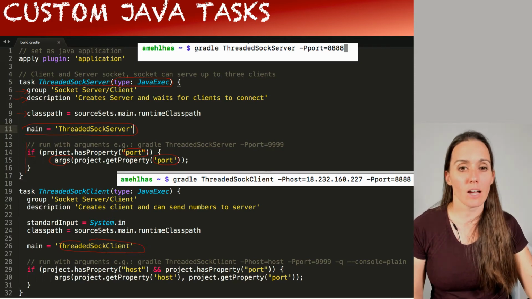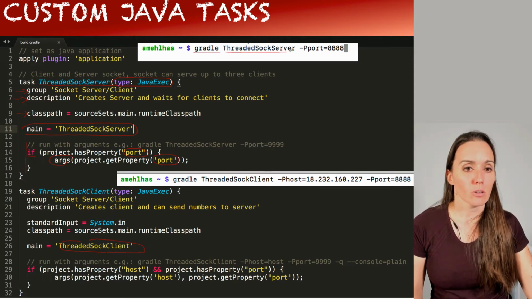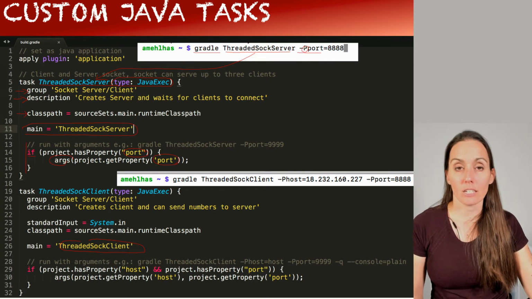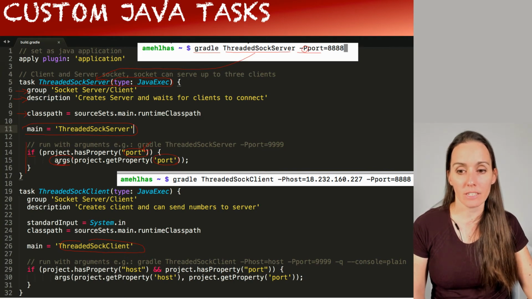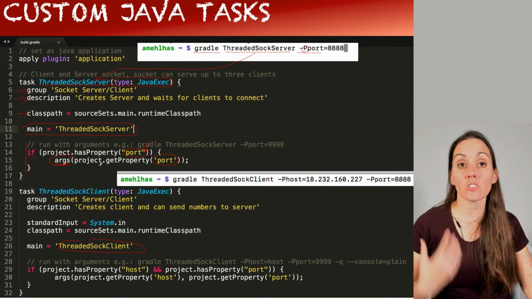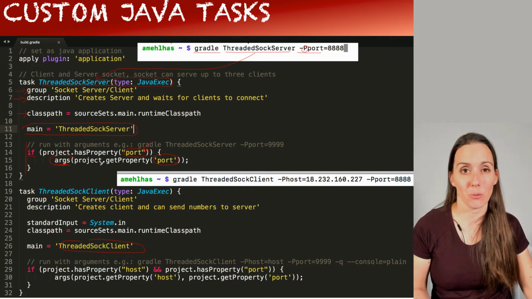Well, if I call this task, I'm calling gradle threadedSocketServer, which is that name. And then here is my argument. P, here, uppercase, is for parameter. And then I'm using port, which is that name. And args here are the arguments which will be sent to your Java code.